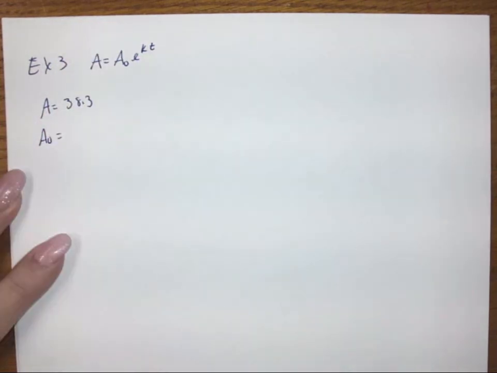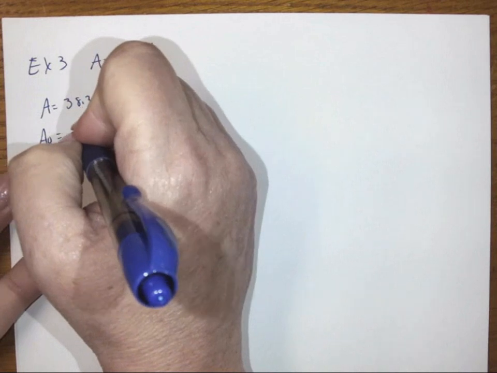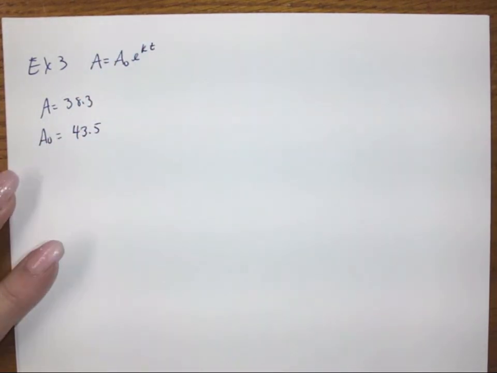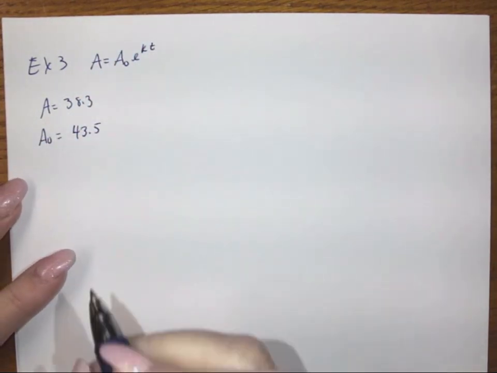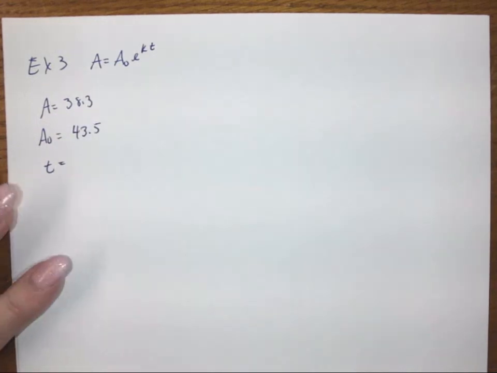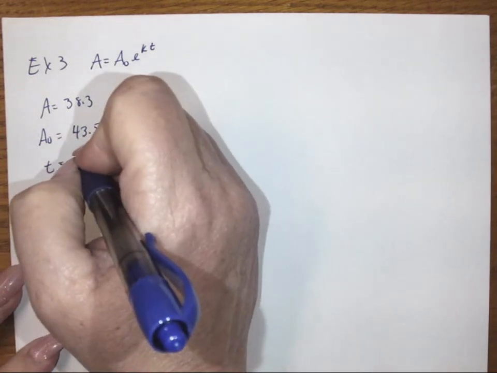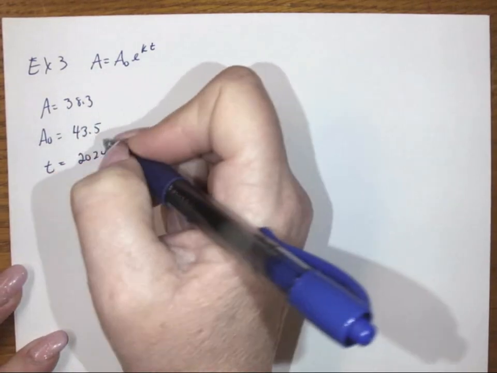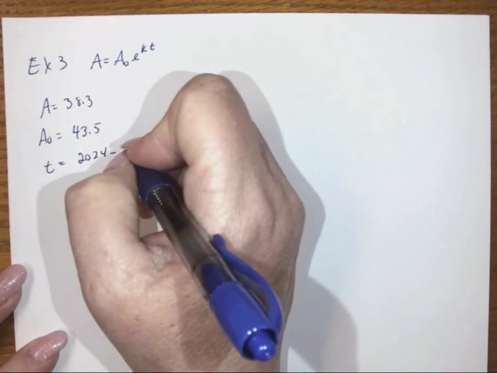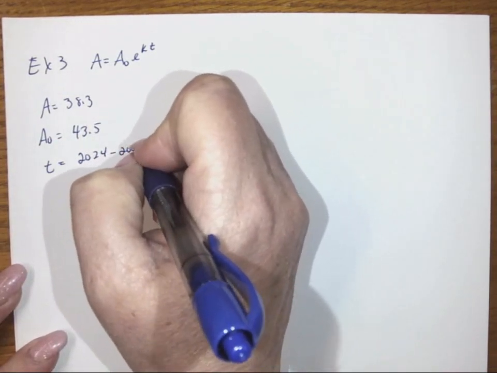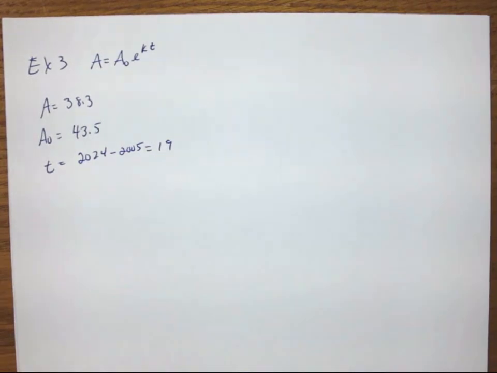Our A sub naught was what the population was in 2005, which is 43.5. And our t, we're going to find by the years. So we are starting in 2005 and going to 2024. So 2024 minus 2005 will get us 19 years is the change in time.